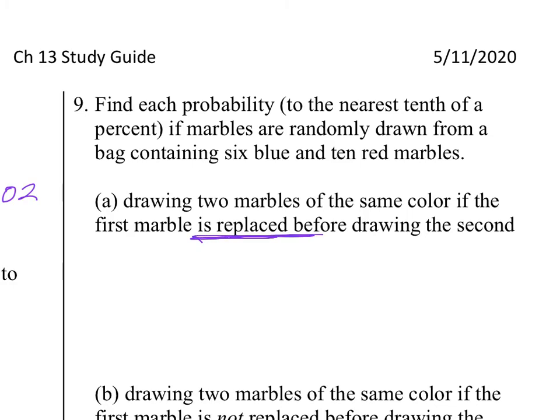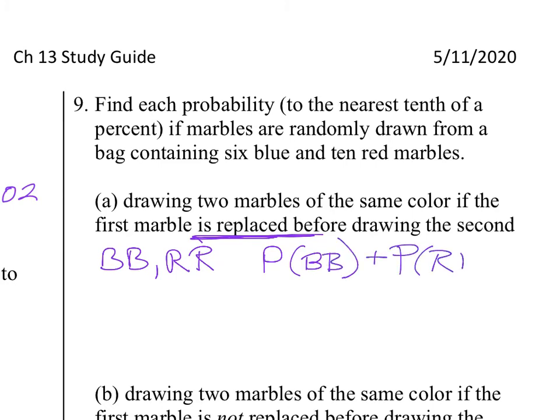All right, well, let's see what we're looking for. We're looking for 2 blues because it's the same color, or 2 reds. So these are 2 different situations. So what I have is the probability of 2 blues plus the probability of 2 reds because it's one or the other. So it's added. All right. So the first marble is blue.